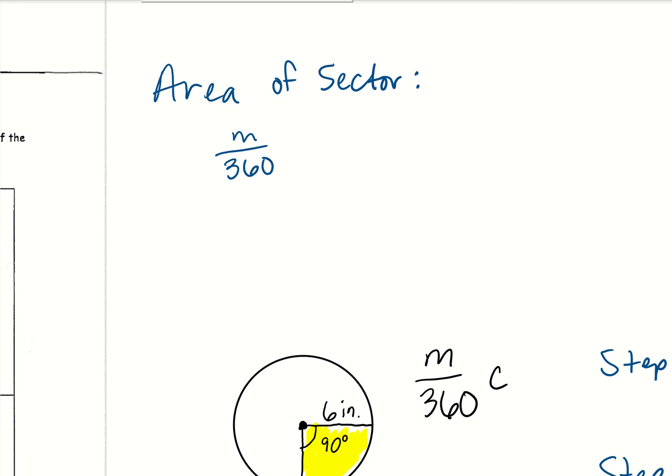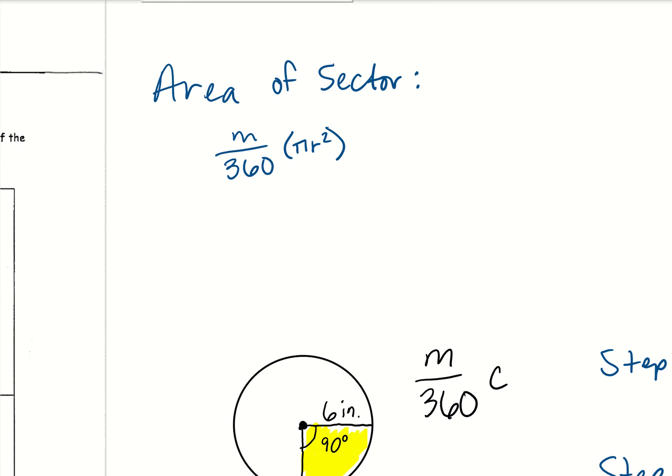Now instead of just putting A for area, I am going to put our area formula, which you may remember is pi times the radius squared. And that is going to be our formula for finding the area of a sector.